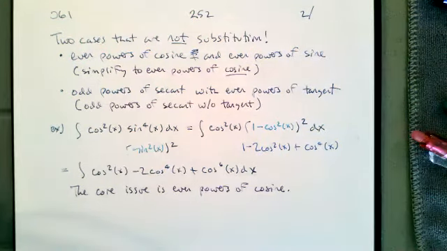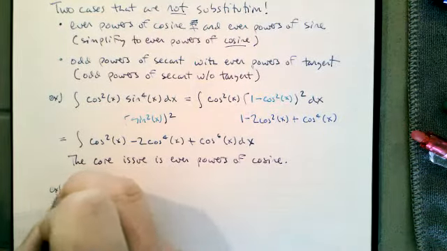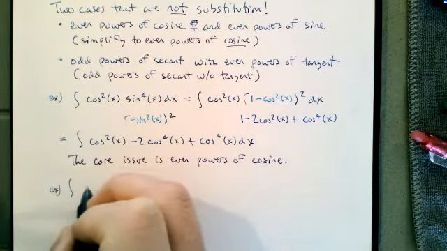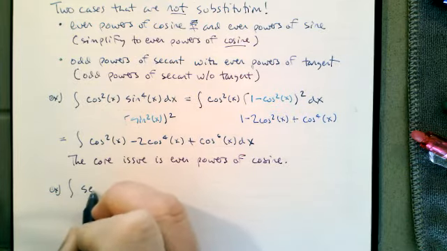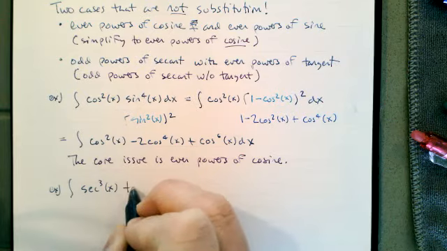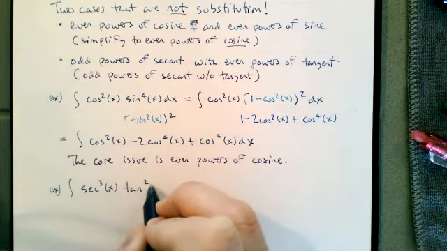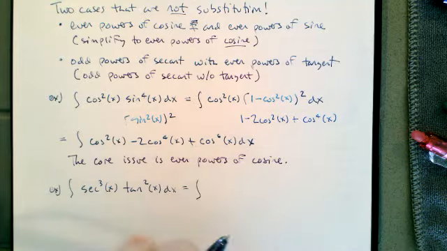Similarly, odd powers of secant and tangent. If we have an odd power of secant, the same thing is we're going to be able to simplify that to just secants. So if I have an odd power of secant and an even power of tangent, I'm just going to replace tangent squared.